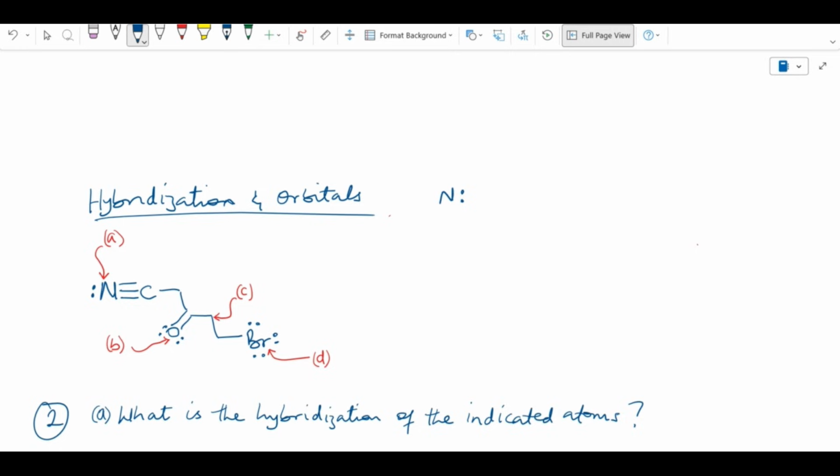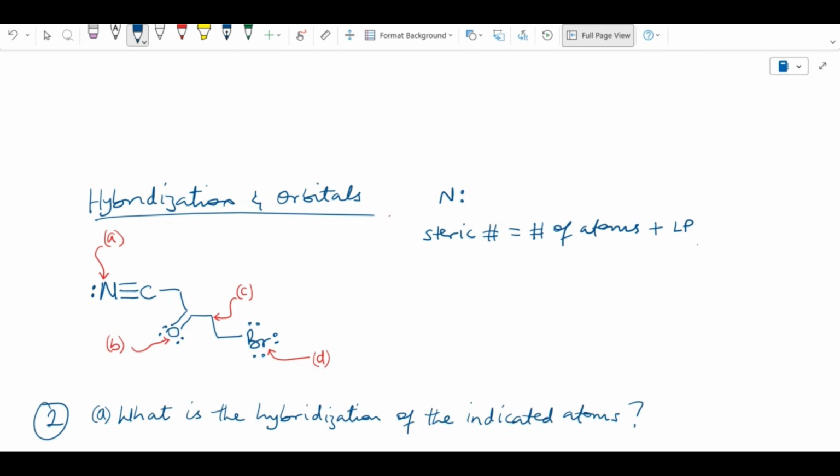To determine the hybridization of that nitrogen atom, we have to use a formula that says steric number equals number of atoms attached to the nitrogen plus number of lone pairs. Some textbooks will write steric number, some other textbooks will write VSEPR number.